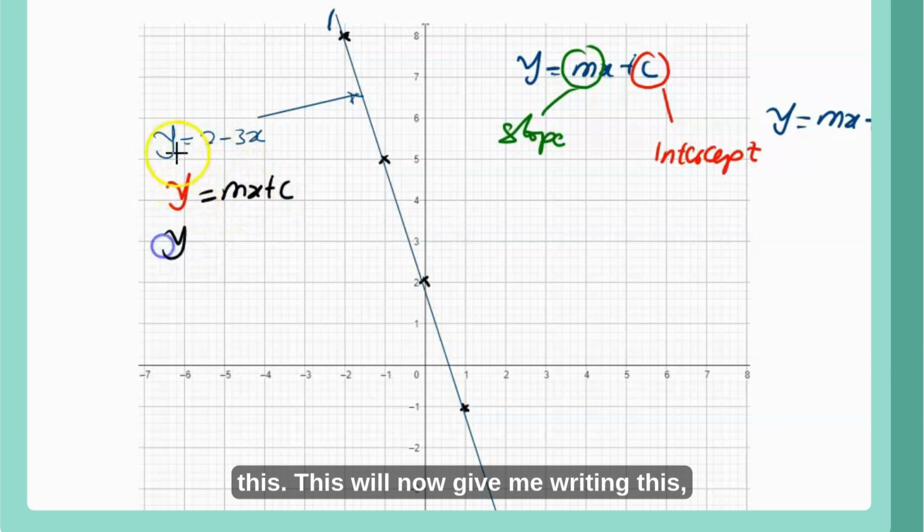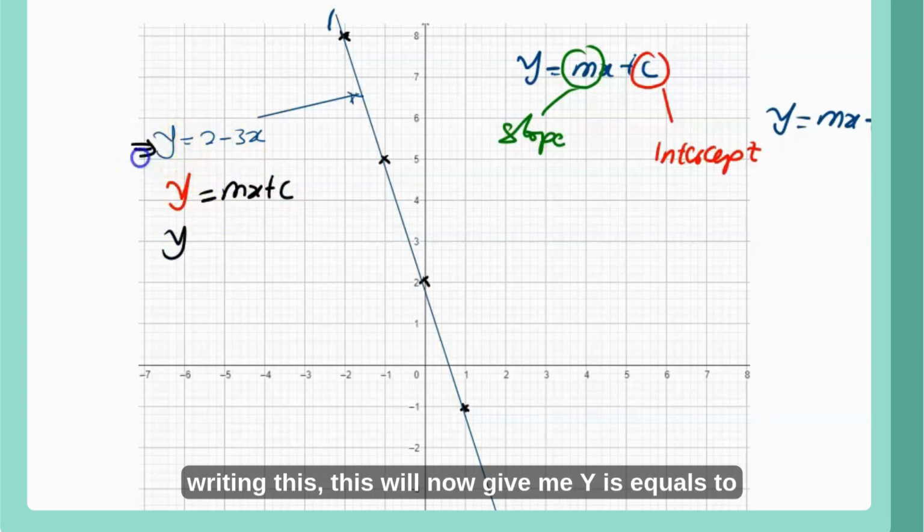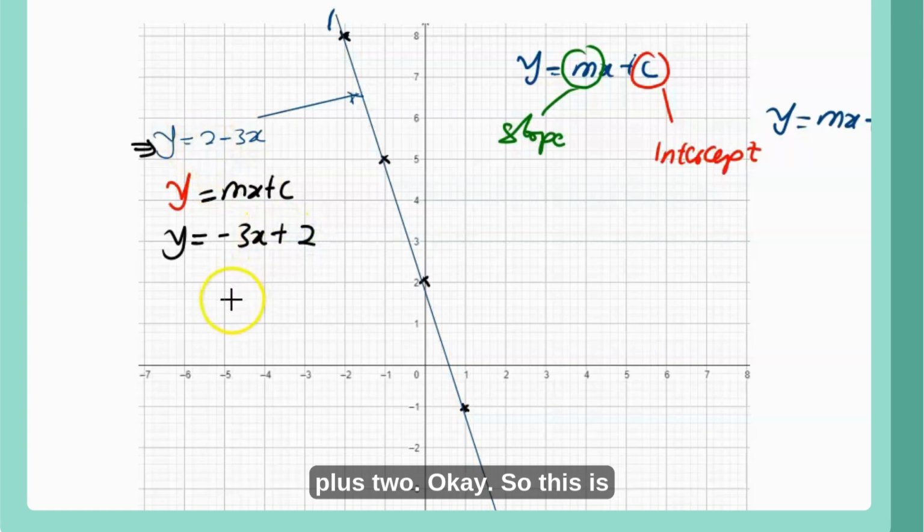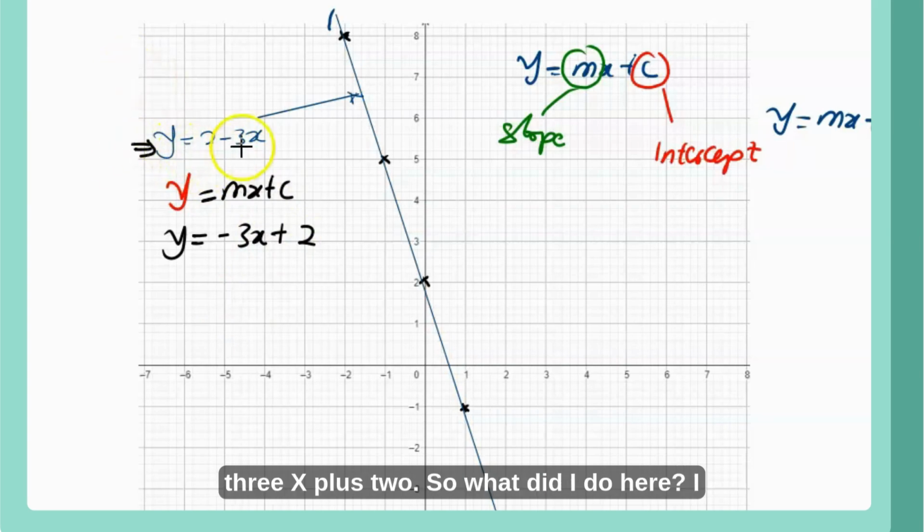This will now give me y is equal to minus 3x, with a positive sign, plus 2. So minus 3x is equal to minus 3x plus 2.